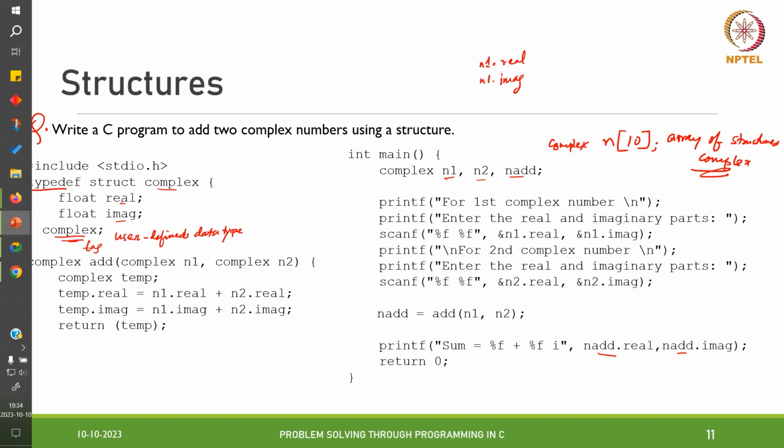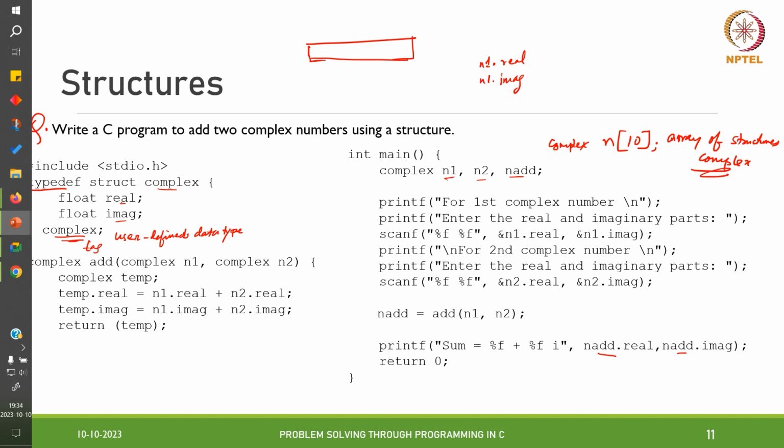It will give you a contiguous memory location of that. And if I define only one variable here, say n1, it will also be saved in a continuous manner.